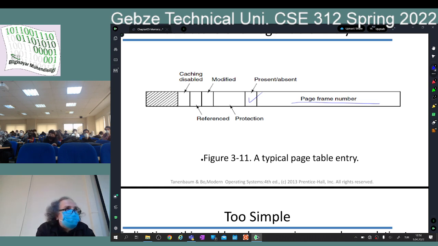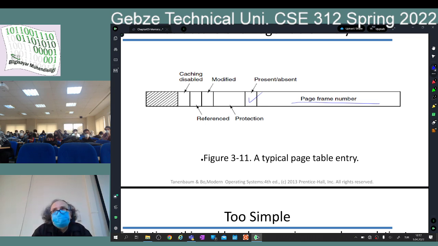If the page is modified, that means, where did I load this page from? I have loaded it from the disk, okay? If the page is modified and I want to replace this page, you cannot just simply ignore it. You have to write it back to the disk.